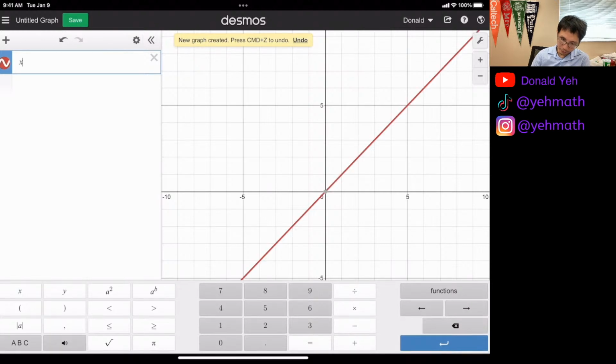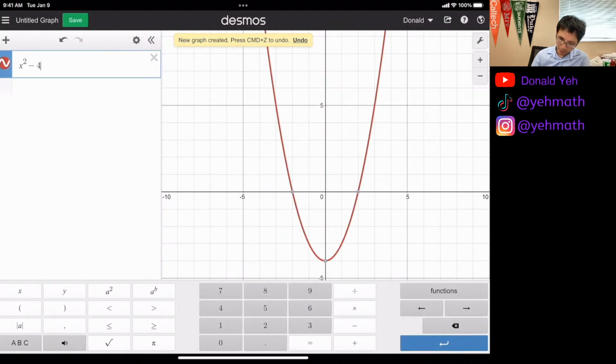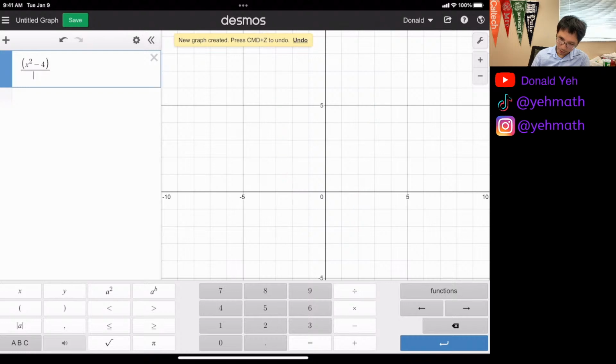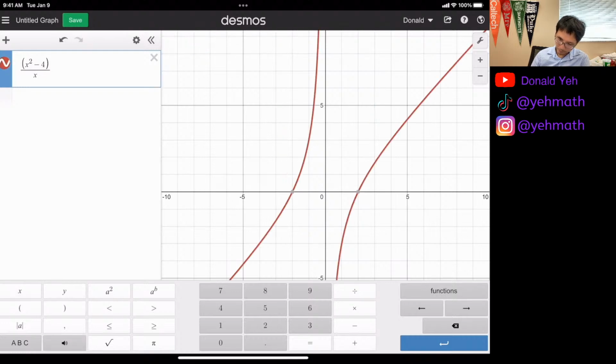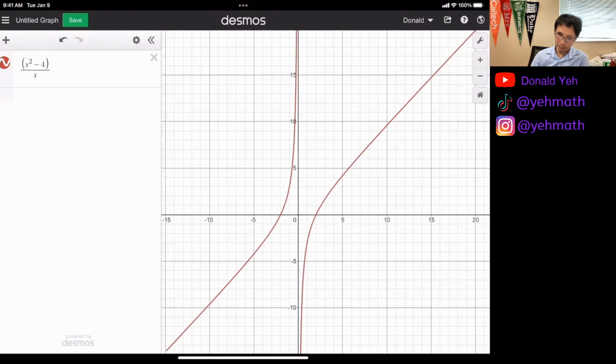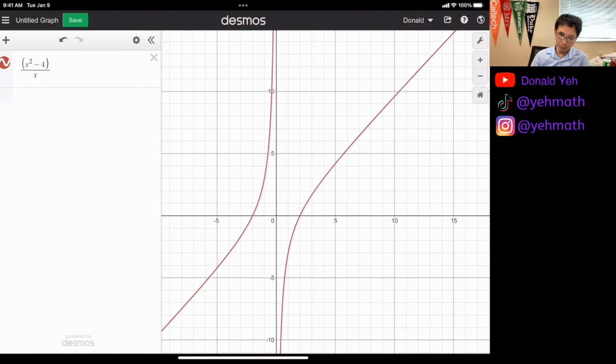So let's figure out x squared minus 4 divided by x minus 2. If you say divided by x, this is what Austin was talking about, because when x is equal to 0, this thing becomes undefined. Then you have something called an asymptote. Actually, in this case, there are two asymptotes.